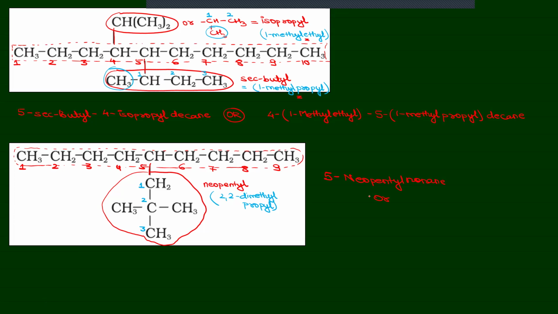Or instead of neopentyl, I can also write 5 2,2 dimethyl propyl, and the parent will be the same, nonane. Both ways the names are correct and acceptable. 5,2,2 dimethyl propyl nonane. Understood? Yes, sir.